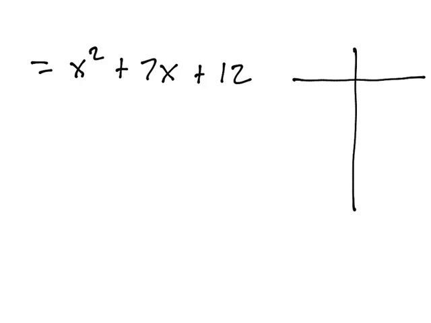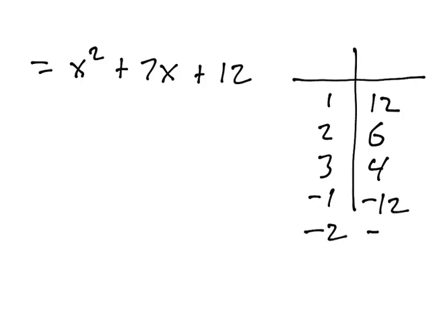Okay, so we have 1 and 12. That's always the freebie, 1 times something. We have 2 times 6, we have 3 times 4, and that's it. We also have the negative ones. Let's include those for completeness: minus 1 times minus 12, minus 2 times minus 6, and minus 3 times minus 4.